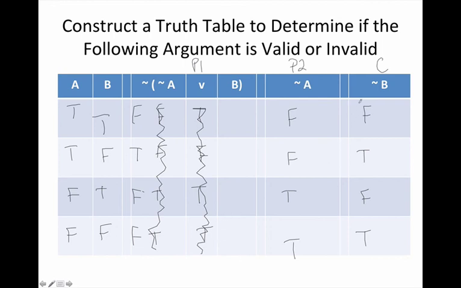And we can see that although the conclusion is false on row 1, so also are both of the premises, and the conclusion is false on row 3, and yeah, one of the premises is true, but the first premise is false.